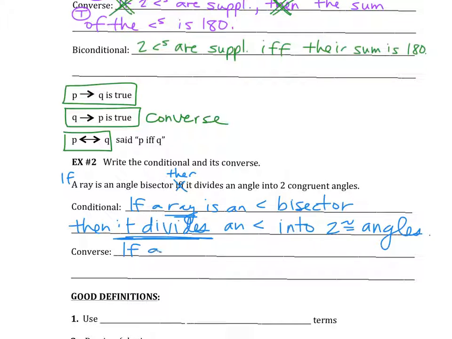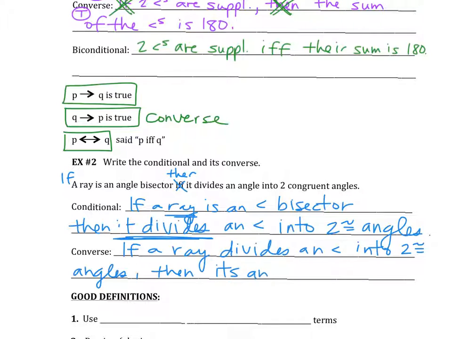So if a ray divides an angle into two congruent angles, then it's an angle bisector. Okay? Questions on that?